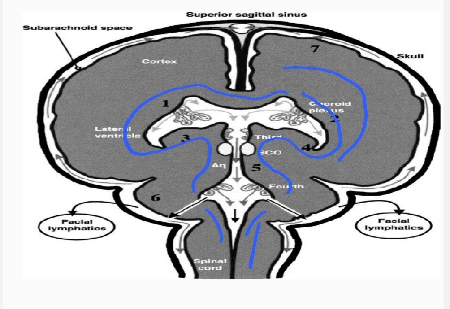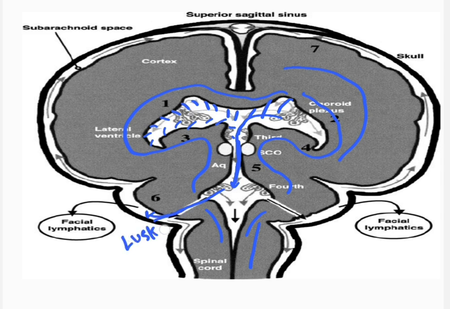These all are filled with CSF, and that CSF is produced from the choroid plexus and the ependymal cells in the lining of the ventricles. This CSF will flow from the lateral ventricle anterior horn to the third ventricle via the foramen of Monro, and from the third ventricle to the fourth ventricle via the cerebral aqueduct, and from the fourth ventricle to the subarachnoid space via the foramen of Luschka, as it is laterally present.